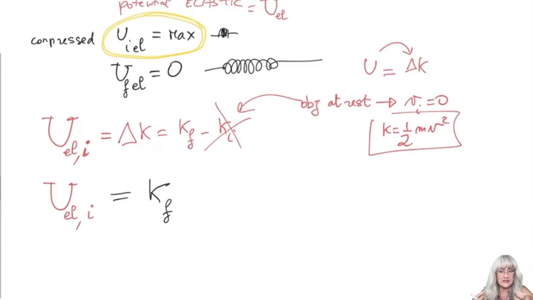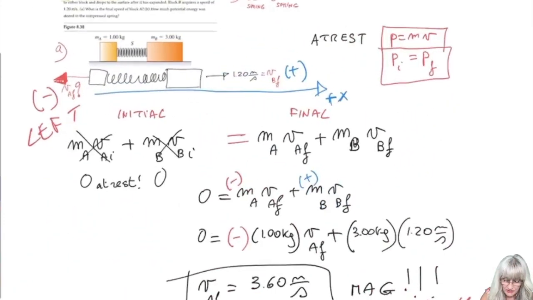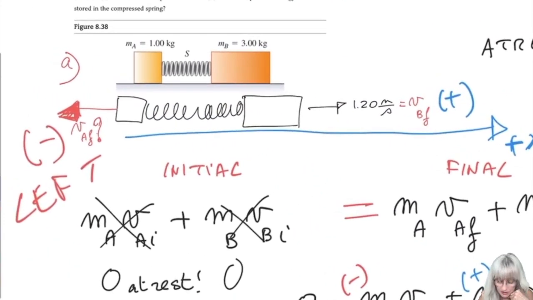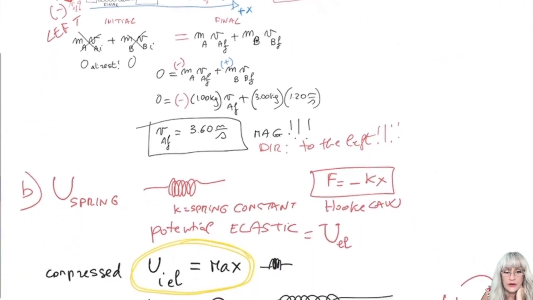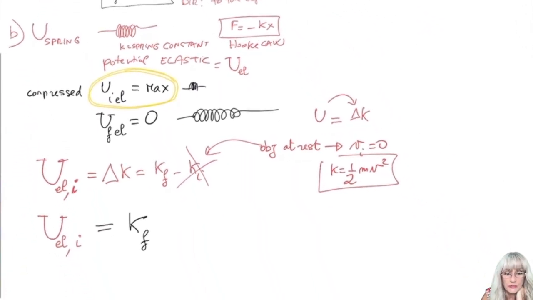And it does make sense, right? These two blocks, here is initially, and this is the final. So the kinetic energy of the system depends on this final velocity, which we computed already. So we are in good shape. All right, let's do this one.